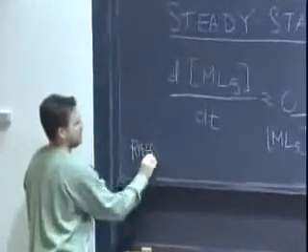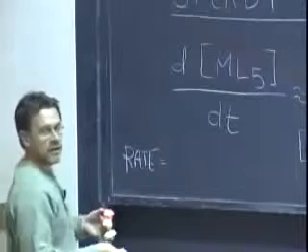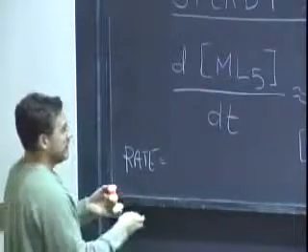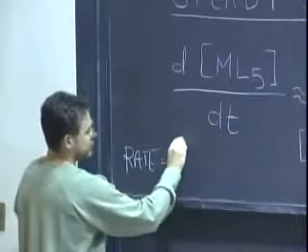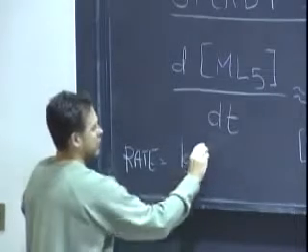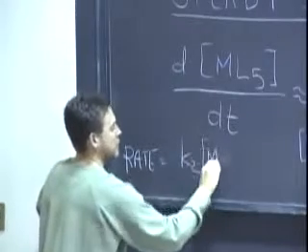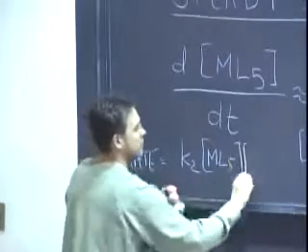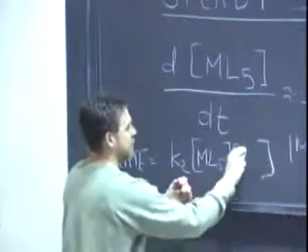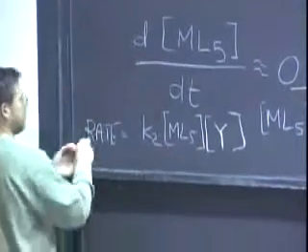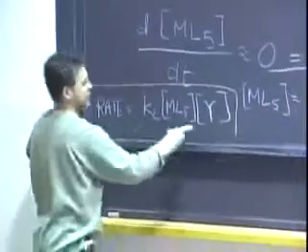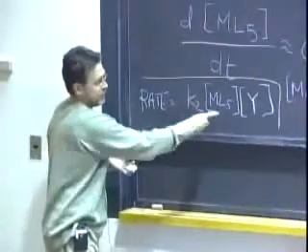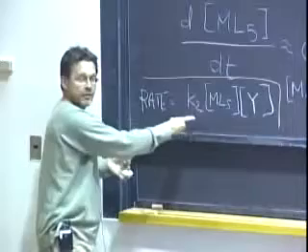The rate overall, expressed as the appearance of the final product, is going to be equal to K2 times ML5, which is going over the final barrier, times Y. If we take the expression here for the rate, this is the value that we expect for the appearance of products.